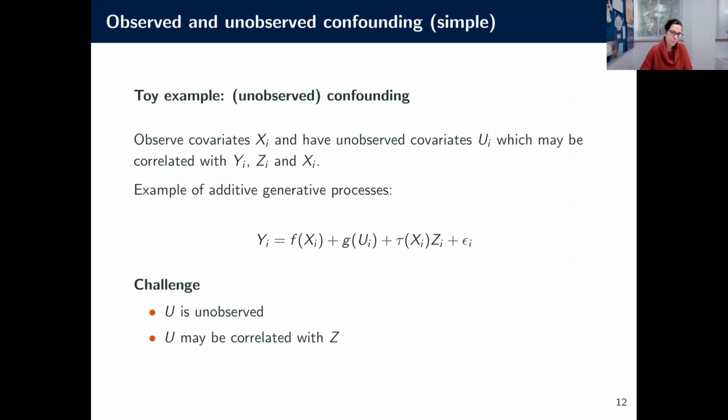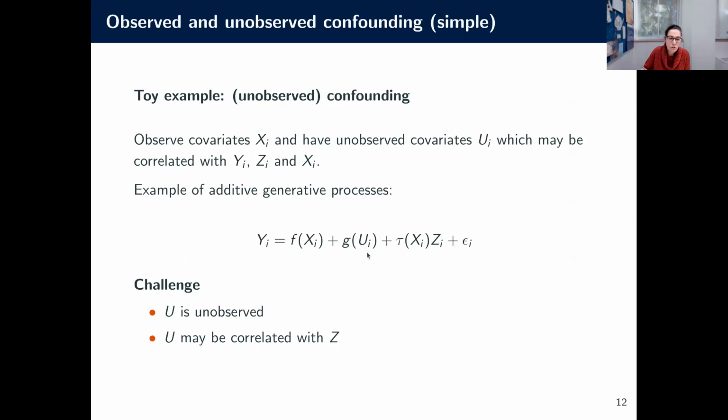Now I will show you an example of what I meant earlier about unobserved confounding. This is a very, very toy example of how unobserved confounding works. Imagine that we have a very simple additive process. My y is some f of x plus additive some g of u plus the treatment effect times z plus some error.